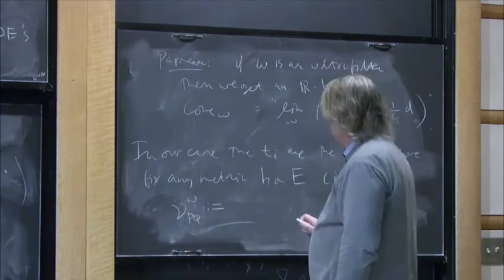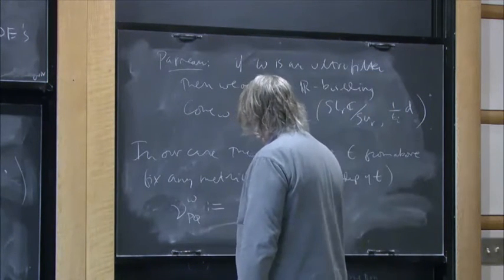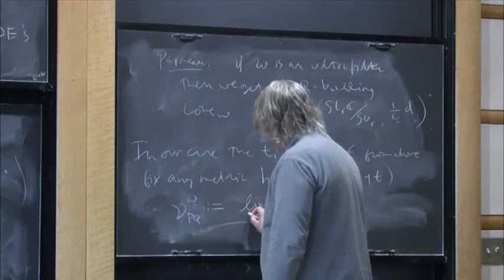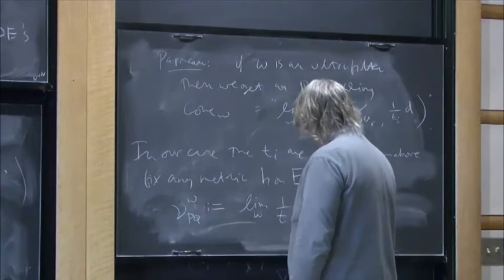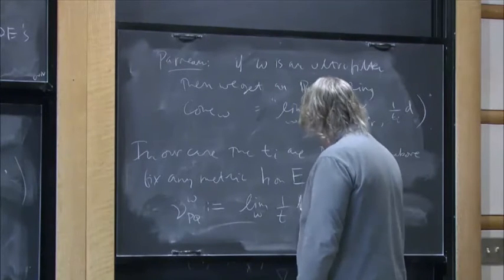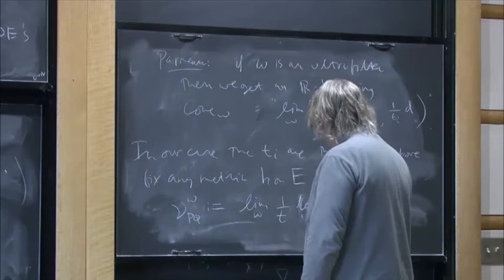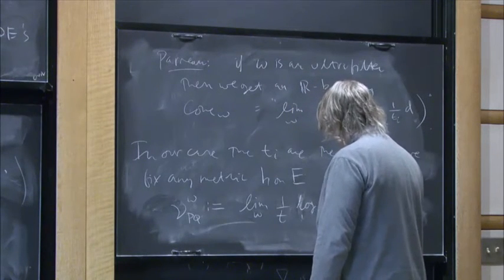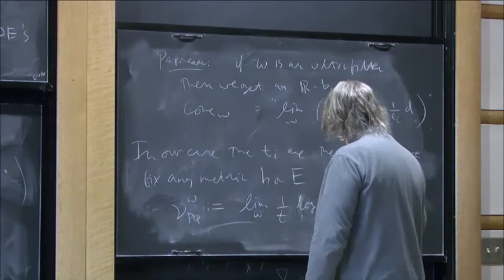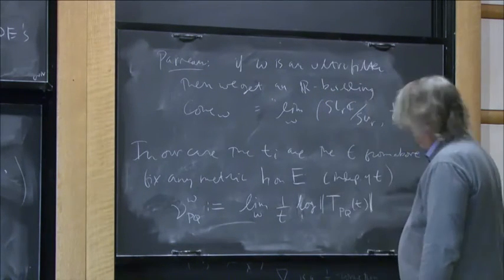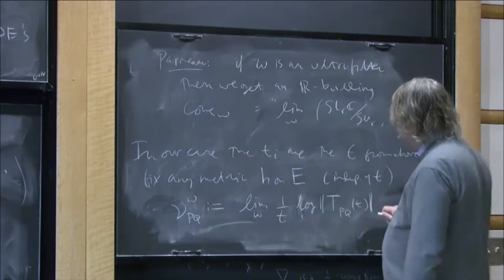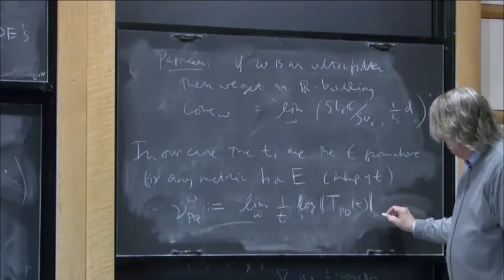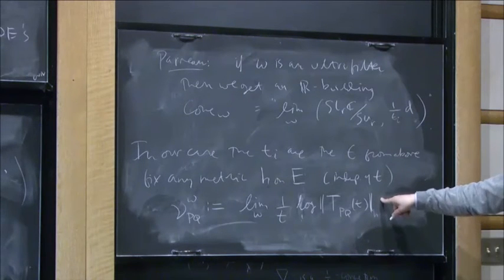The exponent is the limit, which again depends on the ultrafilter, of 1 over T times the log of the absolute value of the transport matrix. Okay. So fixing the metric H here allows us to define the size of the matrix.